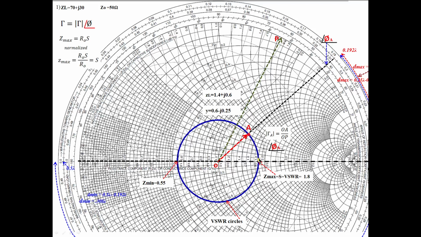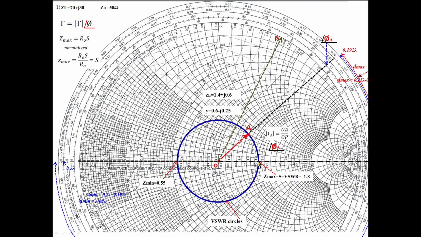And you can observe the maximum impedance appears whenever you come here. Impedance changes, but whenever this VSWR circle cuts the right side, at this position impedance is maximum. You can compare this value with all values over here or anywhere on the entire circle.